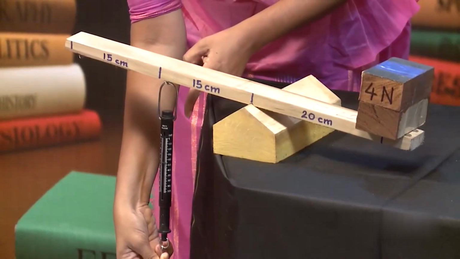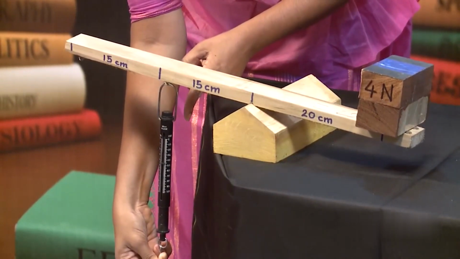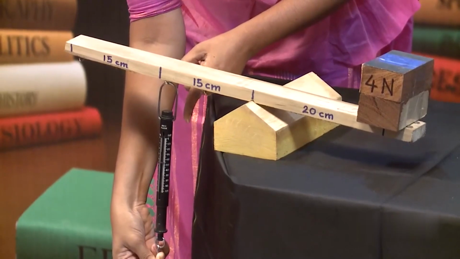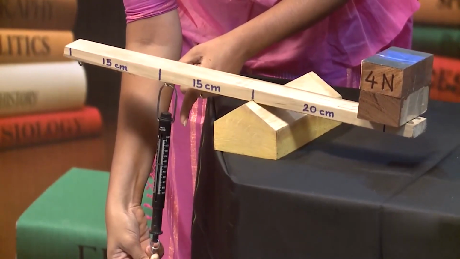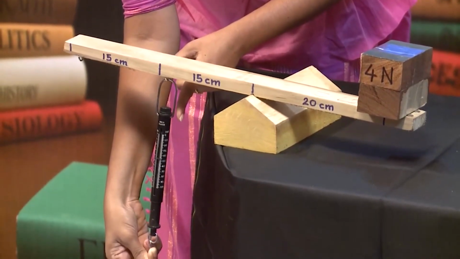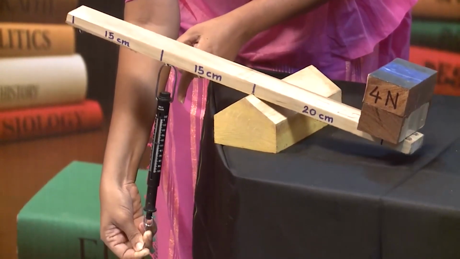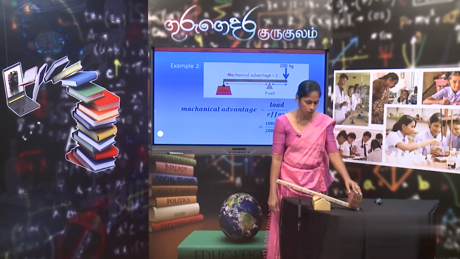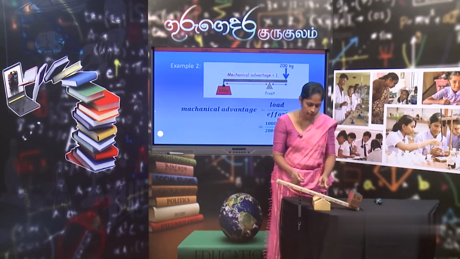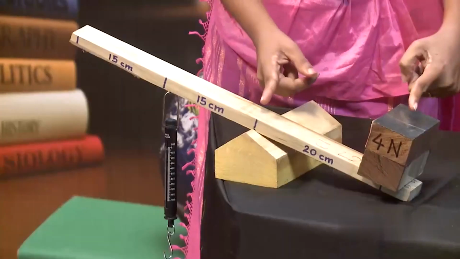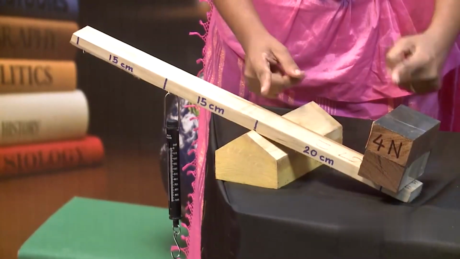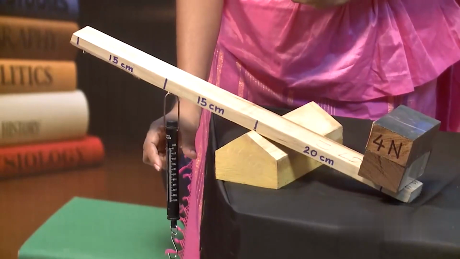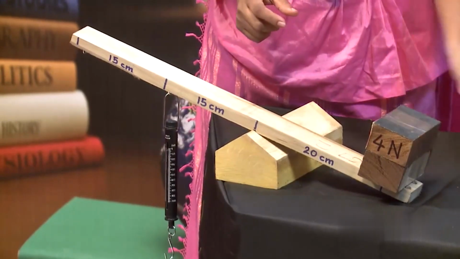You can see a much greater force has to be exerted to lift this weight this time. That is 4.5 Newton. It is greater than the weight of the load. So, when the effort arm is less than the load arm, the effort is greater than the load.